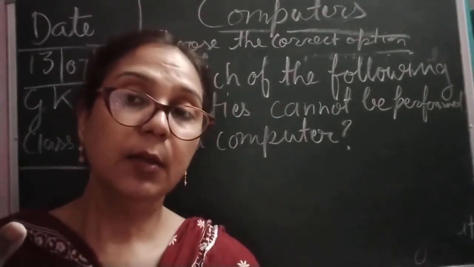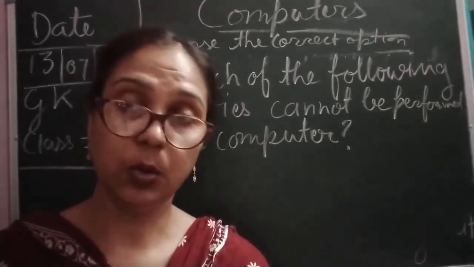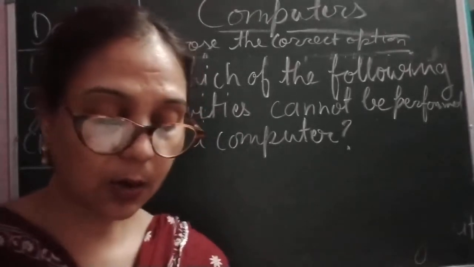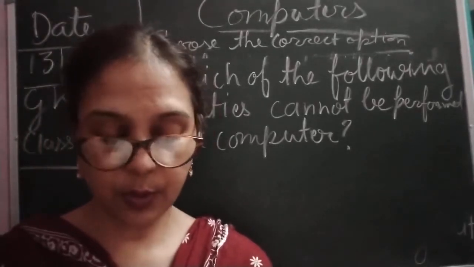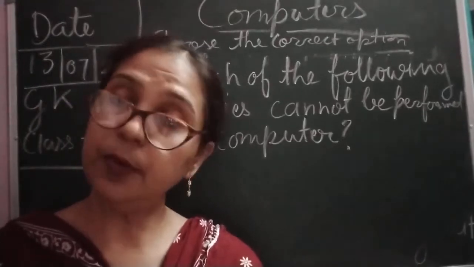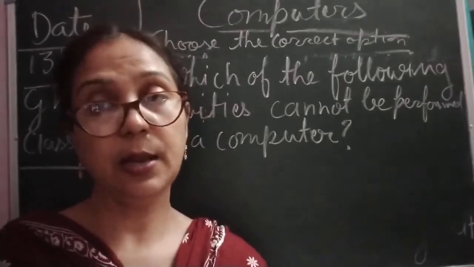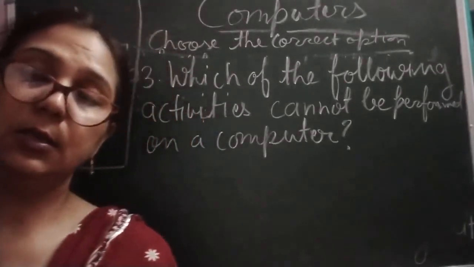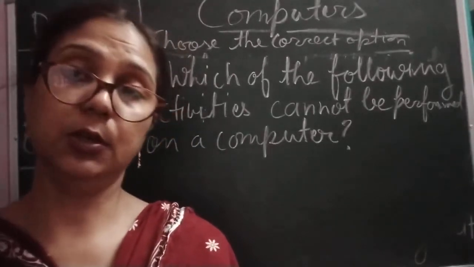But in the computer we can do paint and brush both. There are three options given: playing music, heating food and painting. Which one are you going to choose, children? Please tell me.